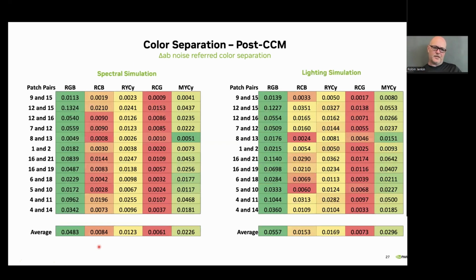And then post CCM, we see pretty much the same order, with the RGB and the MYCY coming out ahead of the RCG and the RCB. So our theory is matching our sims and our lighting behavior, which is quite nice.